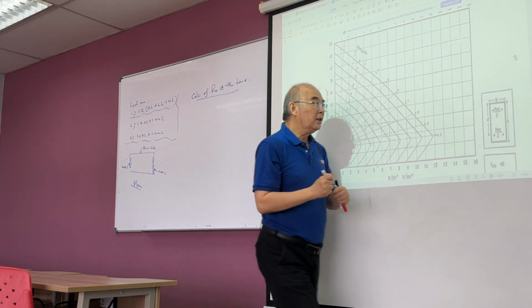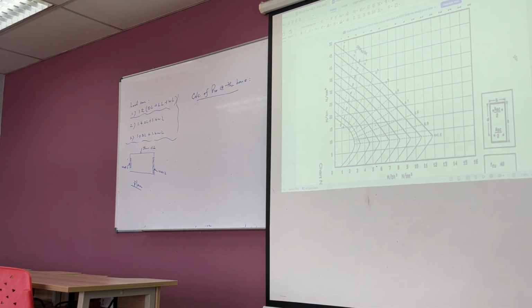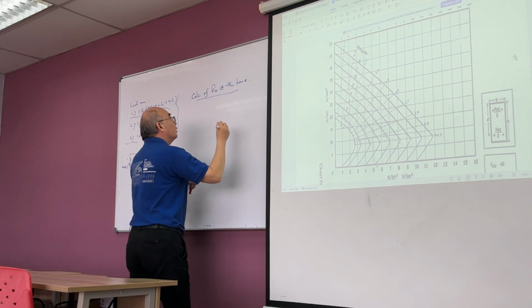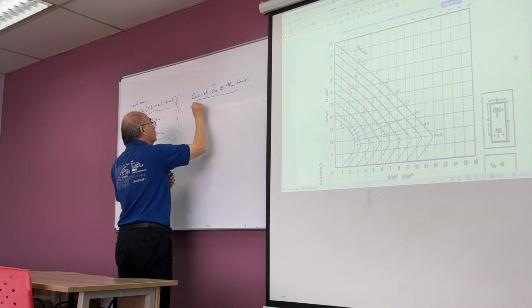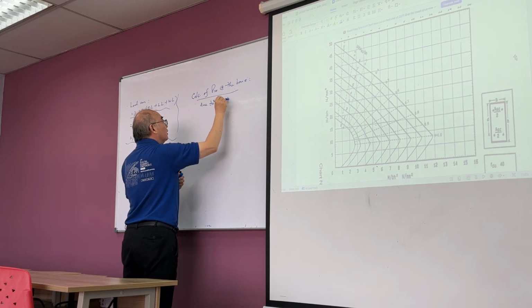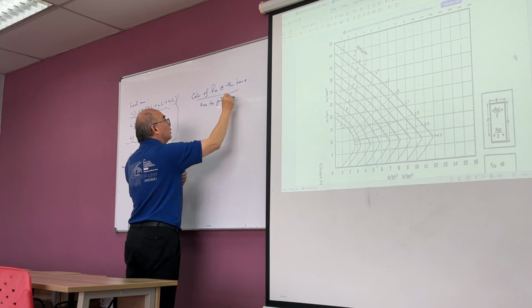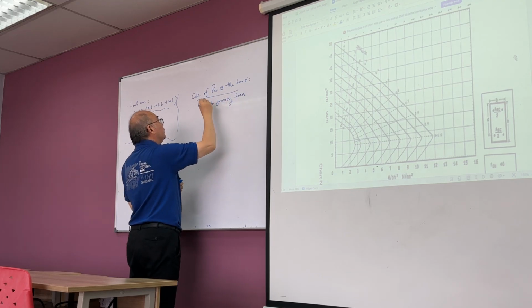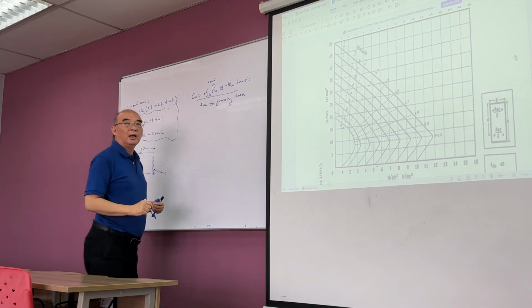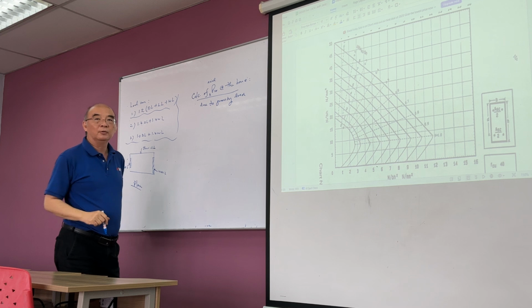Because the base is the most critical, right? So we calculate at the base. So calculation of PU at the base, this is due to gravity load. PU, that means axial PU at the base due to gravity load, right?